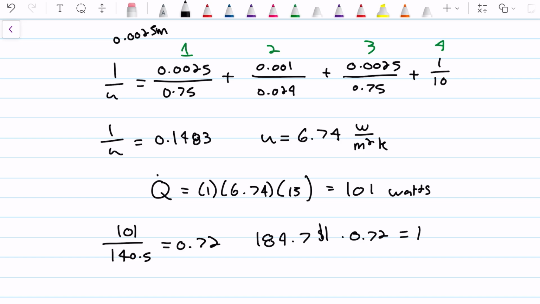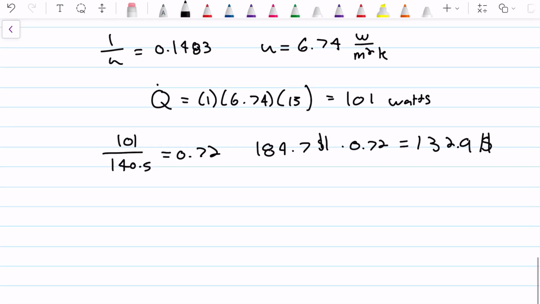So now it's going to cost about $132.9. Originally we had 184.7, and now we have 132.9. The difference is how much money we're saving, which is about $51.08.